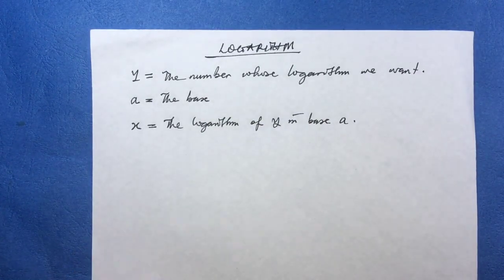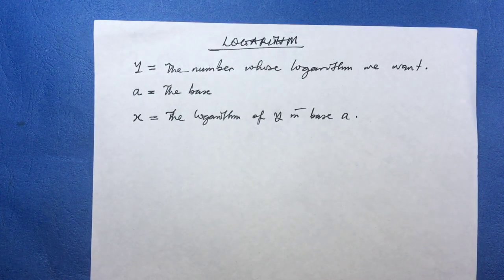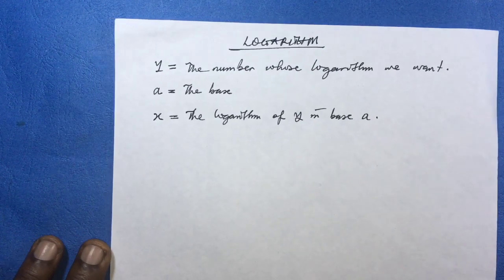Now take note of one thing: as you move from taking the logarithm of y in base a to taking the logarithm of y in another base, say b, the result will be different. So logarithms vary as the bases vary.